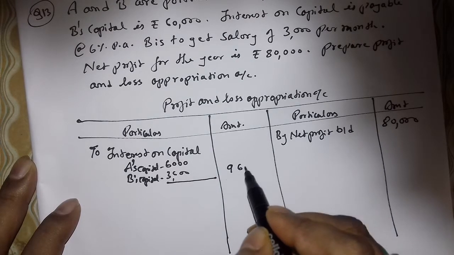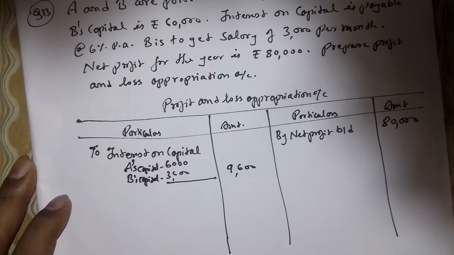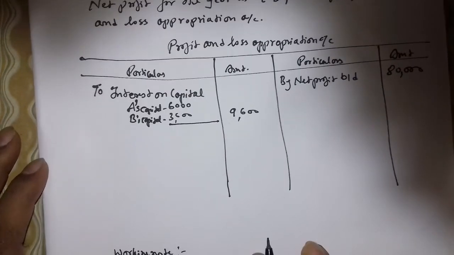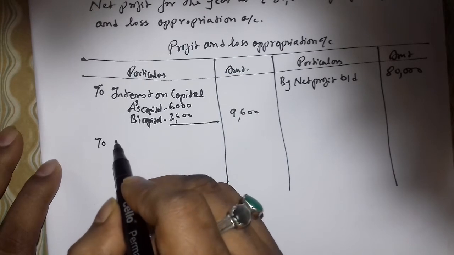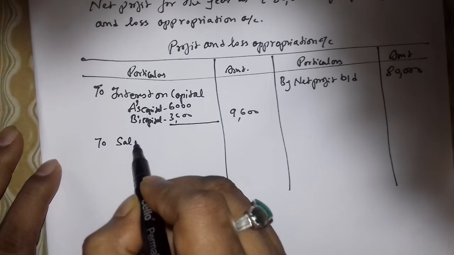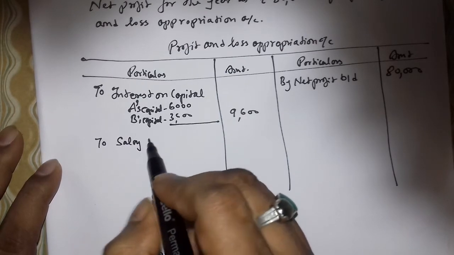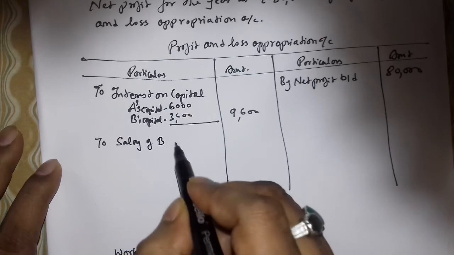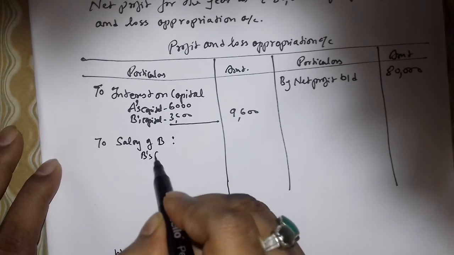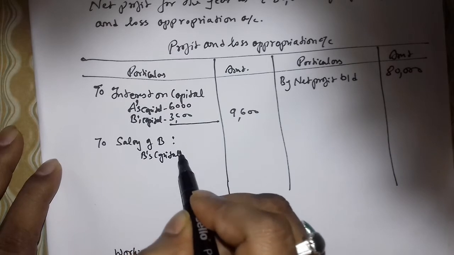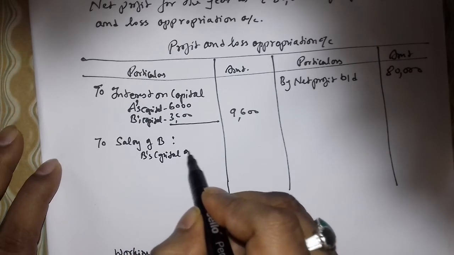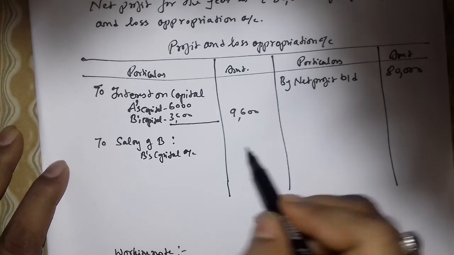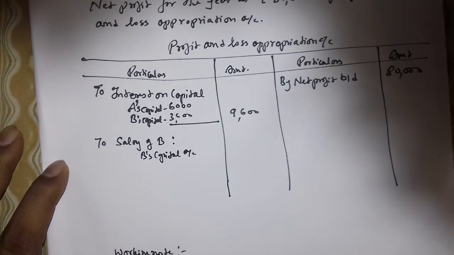So 9,600 you have to write here, interest on capital. The next, salary you have to give to B. So you have to write B's capital, that is salary of B.